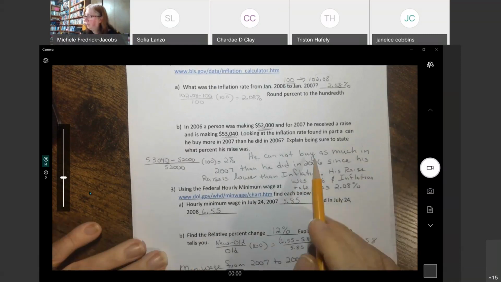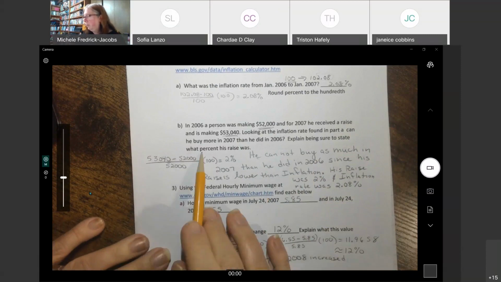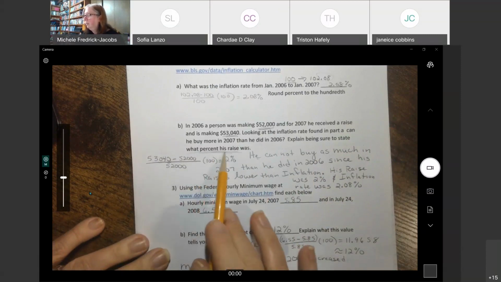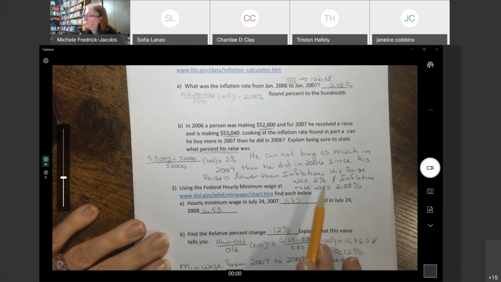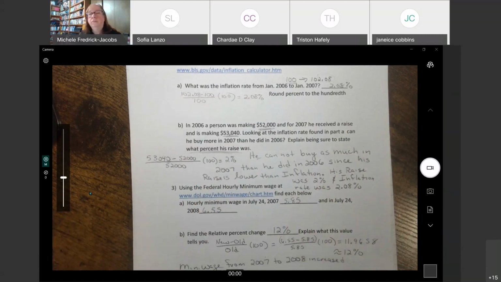So you have to be careful when you're writing it and make sure anything I tell you to have in there is in there. My first sentence didn't have the percent raise, so I added one more sentence to get it in there. Any questions on that?